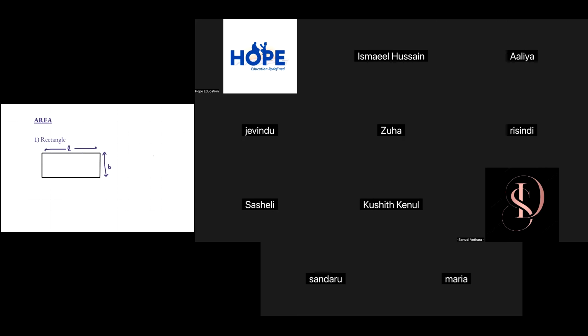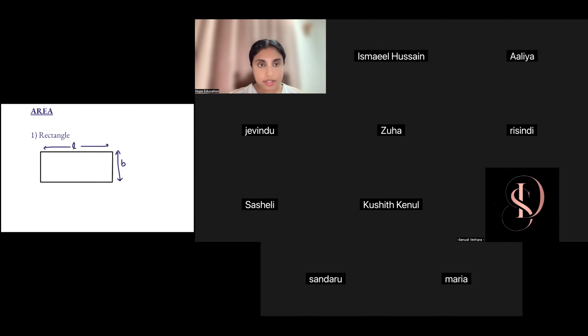You know what a rectangle is, right? These angles are 90 degrees. And this side and this side are equal. This is length, this is also length.